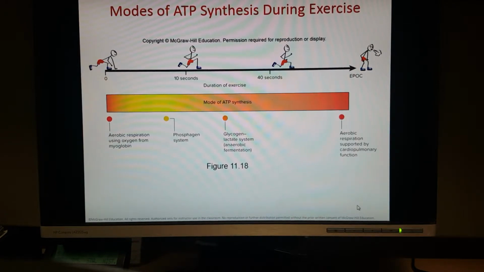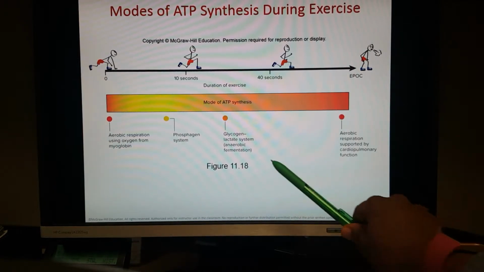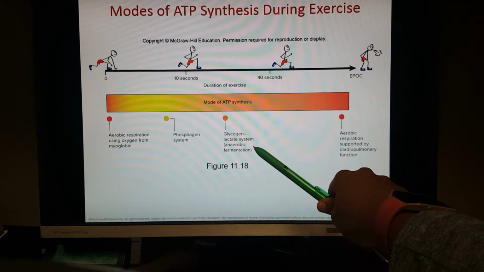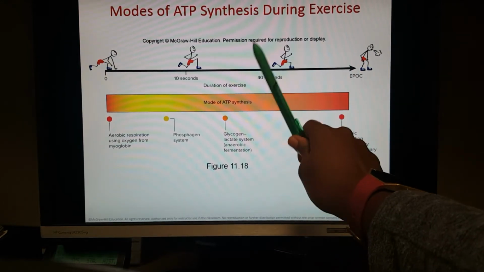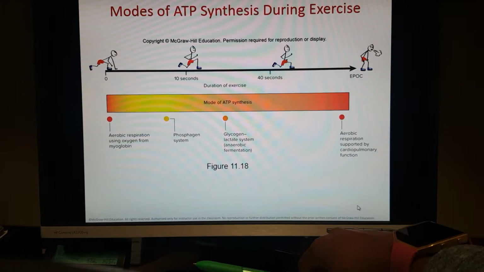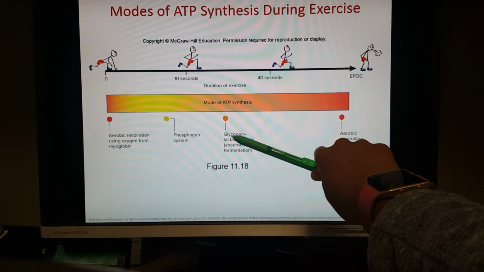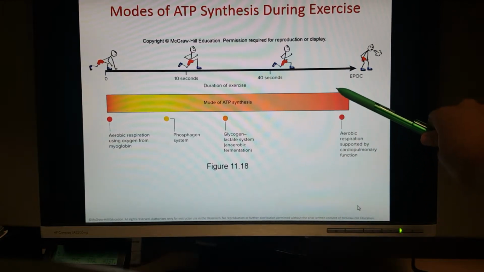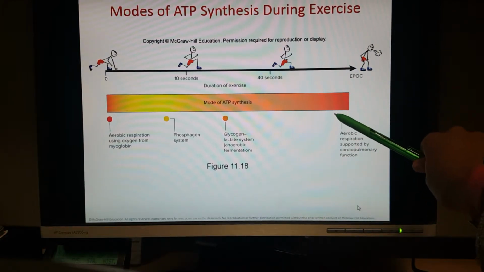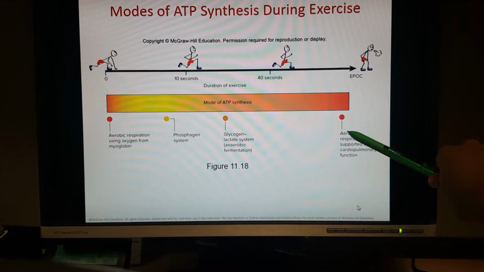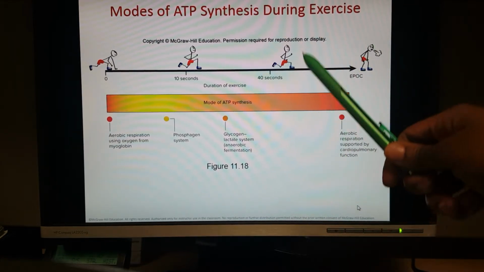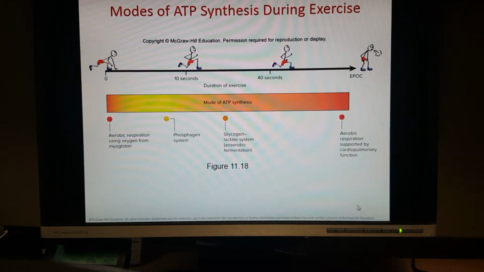Then eventually, you switch into the glycogen lactate system, so you're kind of starting to run out of oxygen because the myoglobin had given up their oxygen to make ATP. So switching to anaerobic fermentation for a little while. Eventually, your aerobic respiration picks up again because you're able to bring in that oxygen through breathing, therefore powering up the aerobic respiration again, able to make more ATP through aerobic respiration.